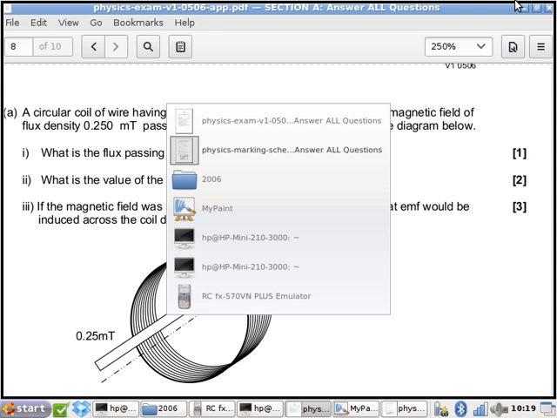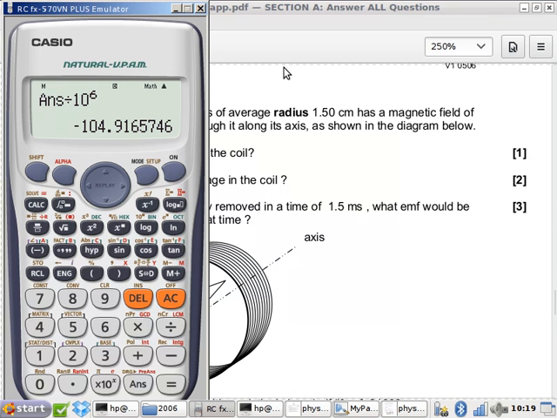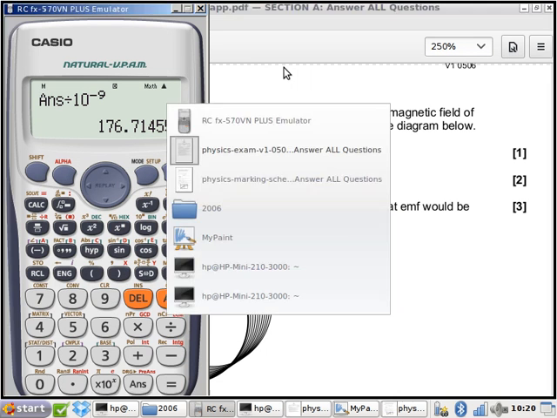Let me check the answer. 1.77 times 10 to the power negative 7. 0.250 times 10 to the power of minus 3 times pi r squared. It's not 1 point something. It's tiny. It's 177 nanowebers.